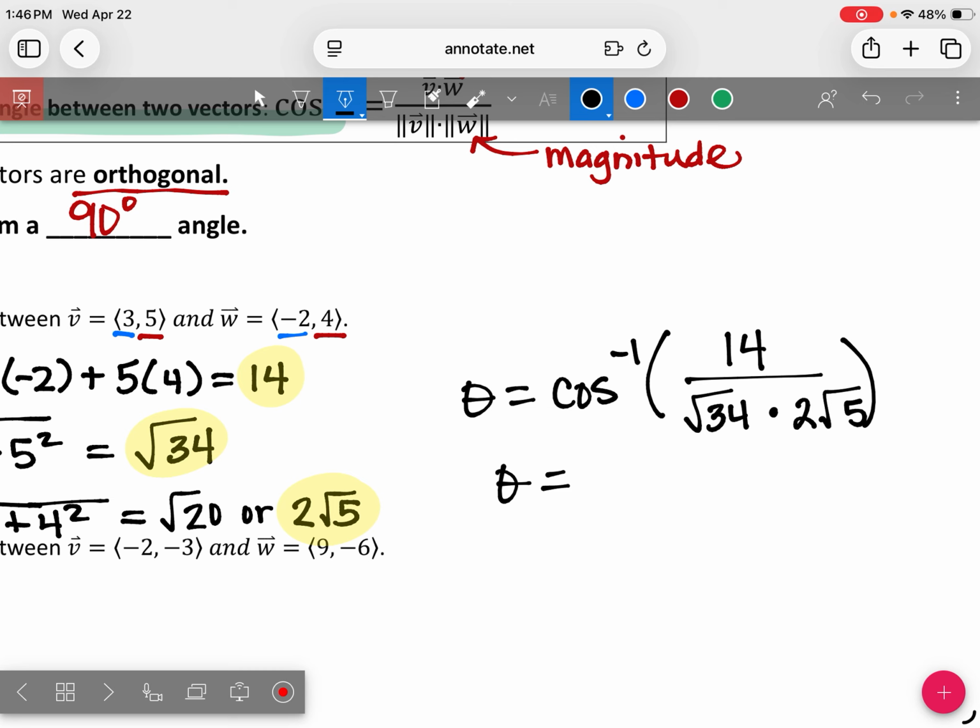Take a moment and type that in. So you should get something close to 57.5.